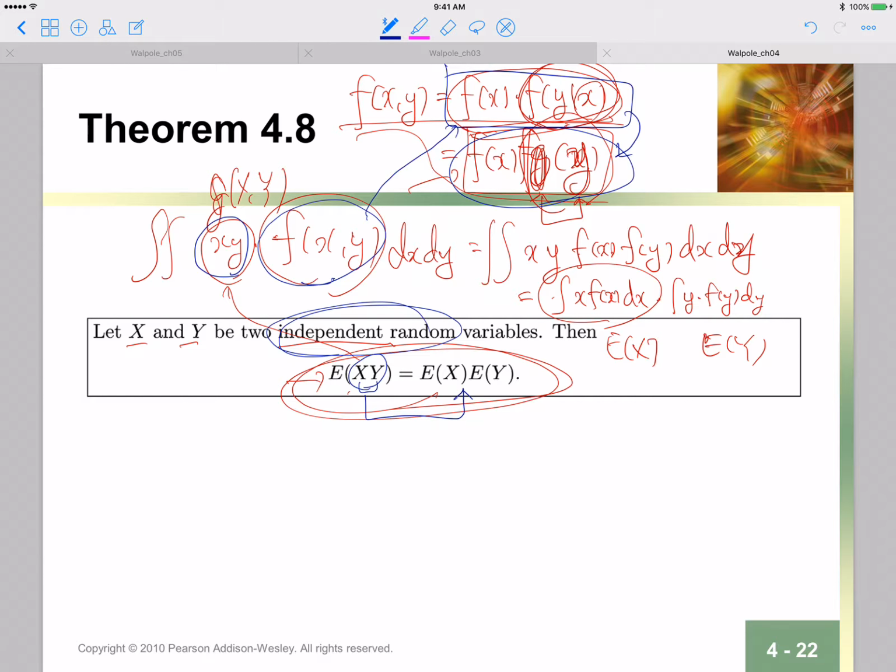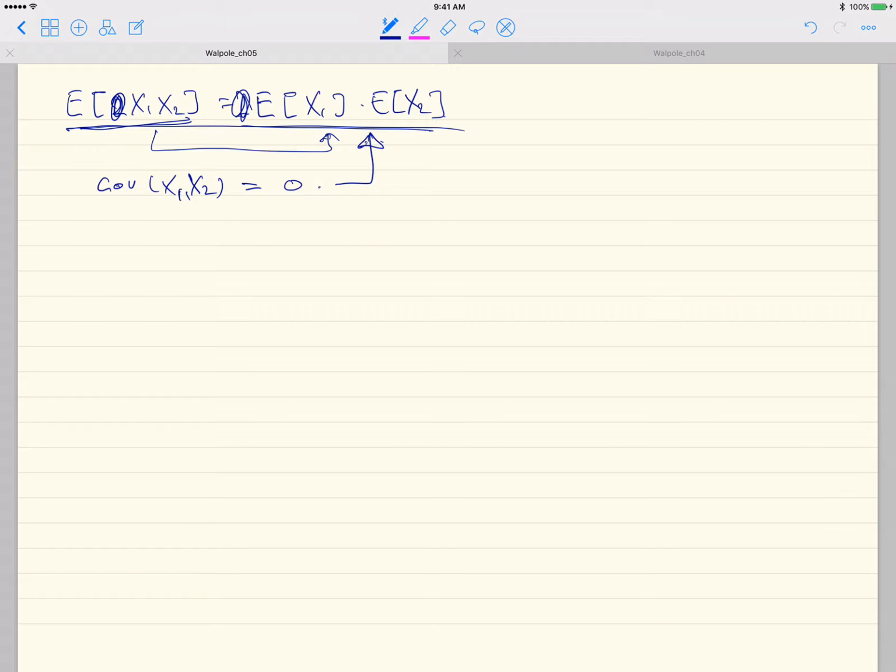Then these two can be plugged in here, and these two belong to each of these integral signs. So each of these integrals becomes the expectation of a single variable. Okay, so in this case, we started from the statistical independence. So this will become the same as the multiplication of the expectation of the single variables.